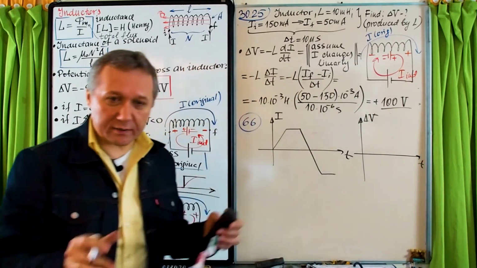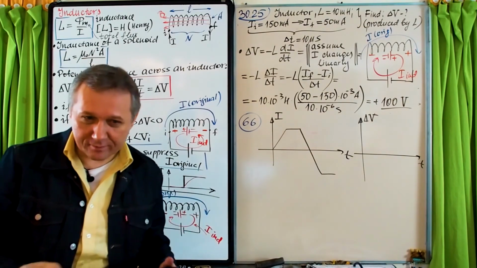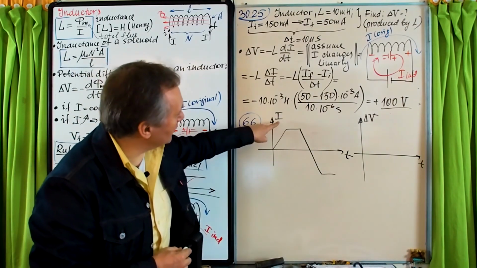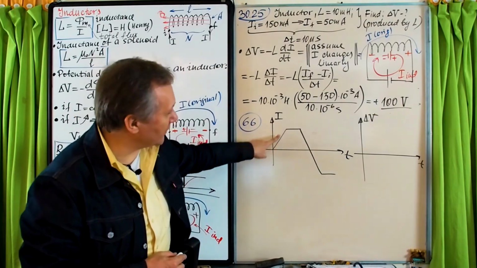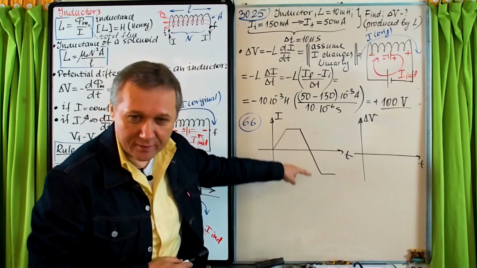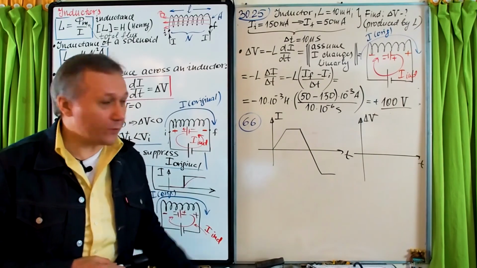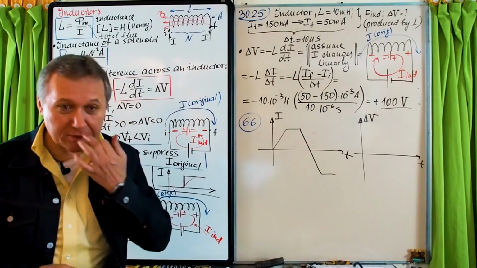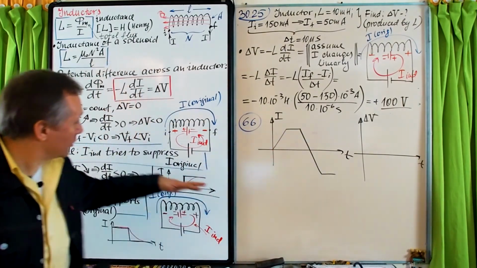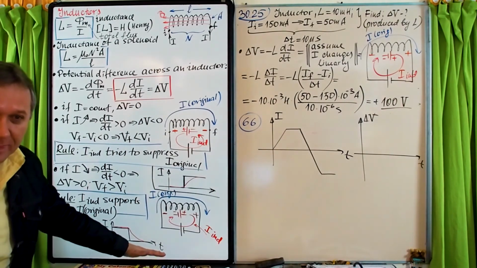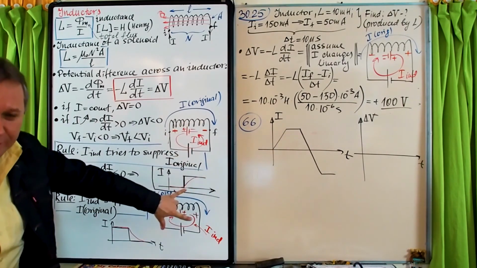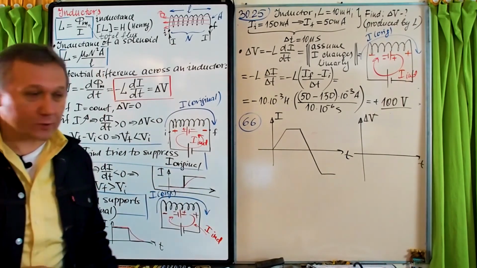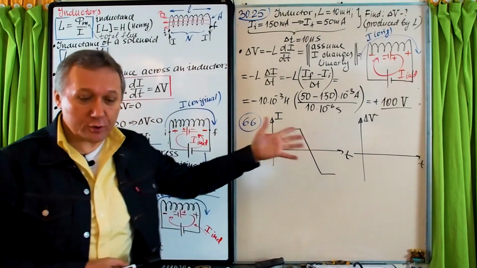Again, we have an inductor, a solenoid, and this is the current going through that solenoid. First current increases, then it stays constant, then decreases, then again stays constant. At some stretches of time the current changes, so there will be potential differences across the solenoid, positive or negative, bigger or smaller. So you need to plot that delta V.